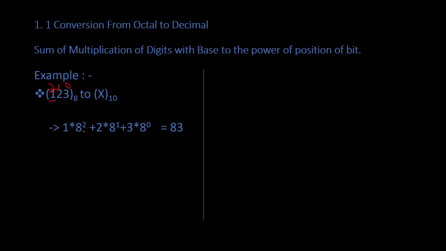So the base is here 8, so we are multiplying with 8, and for hexadecimal the base is 16, we will be multiplying it with 16. So 1 with 8 to the power of position bit 2, multiply, then add, then take the next digit 2, then multiply with the position bit of power 1, then 3 into 8 to the power 0, we get the final answer as 83.